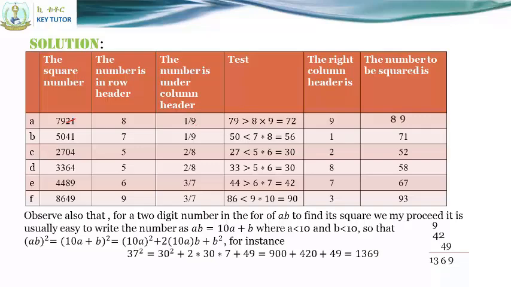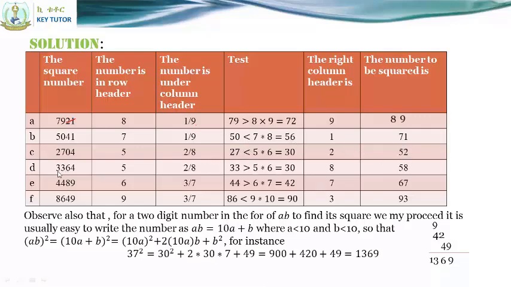So 2,704 is in the row of 5, then either in the column of 2 or in the column of 8. Then we determine this by considering the test. Take 5 times 6, row times row plus 1. So 5 times 6 is equal to 30. When it is compared to 27, 27 is less than 30. Hence, you take the lesser number. Thus, the number to be squared is 52.